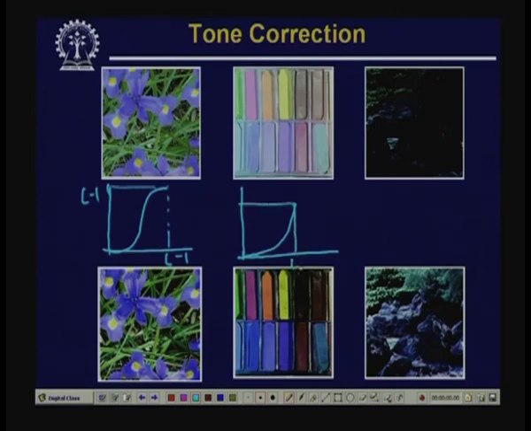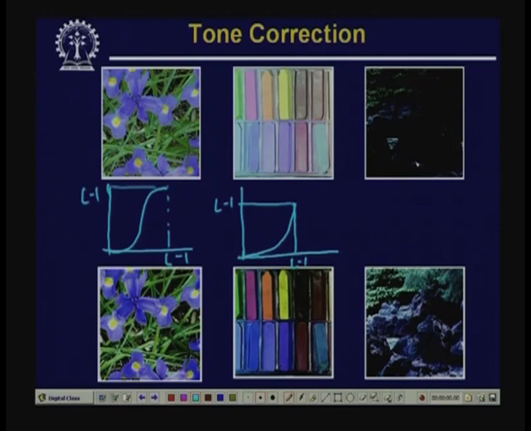Here it is L minus 1, here also it is L minus 1. Here what happens is that a wide range of intensity values in the input image is mapped to a narrow range of intensity values in the output image. So, that gives you the tonal correction for an image which is light.